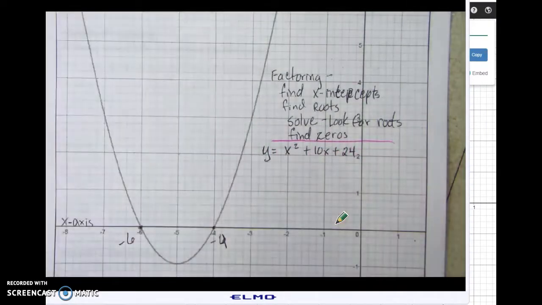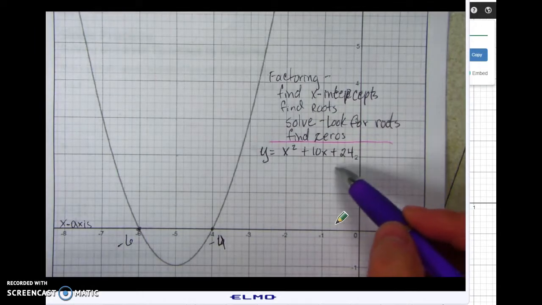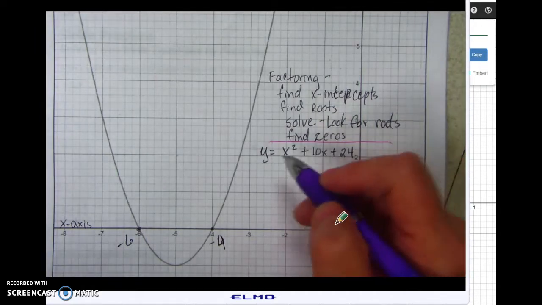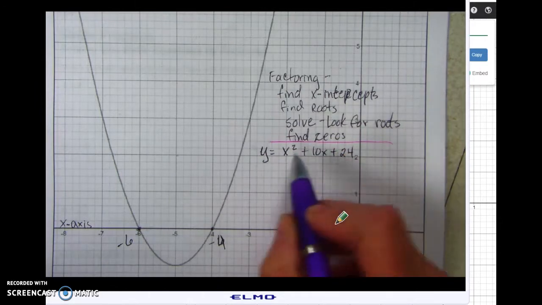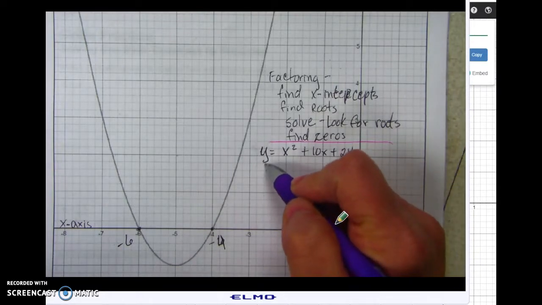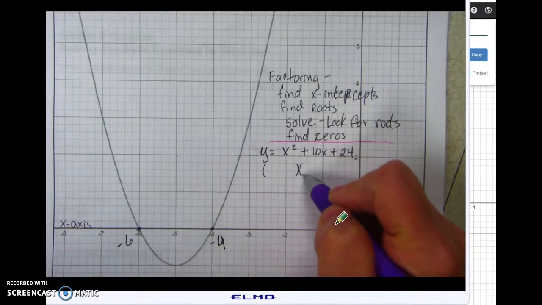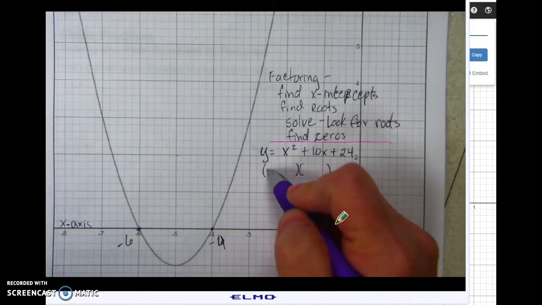So the way we have learned to do it so far is to factor. So we're going to factor this equation. And this is a 1, so there's no trick to this other than just put my parentheses. What times what gives me x squared? In other words, what's the square root of x squared?